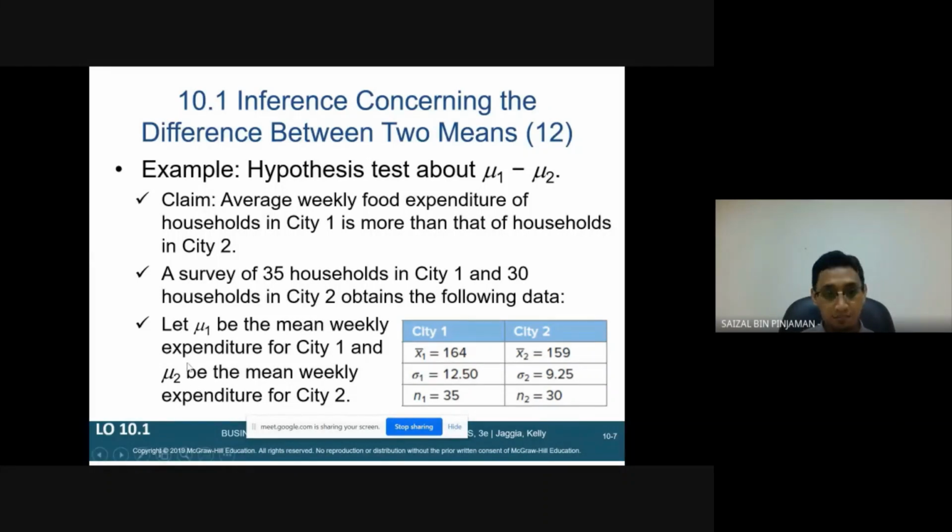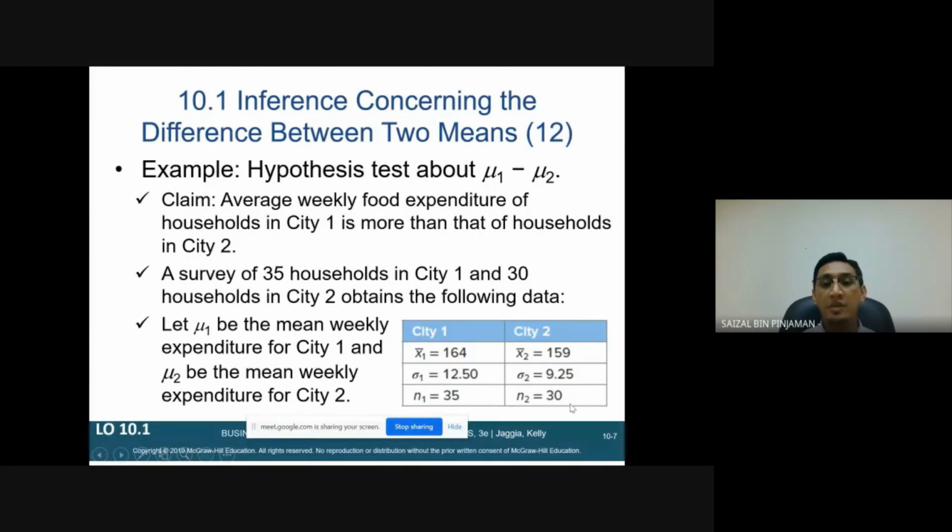So let mu 1, population mean 1, be the mean weekly expenditure for city 1, and population mean 2 is representing the mean weekly expenditure for city 2.